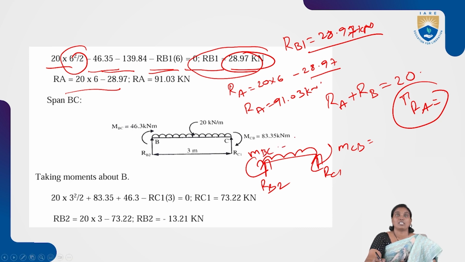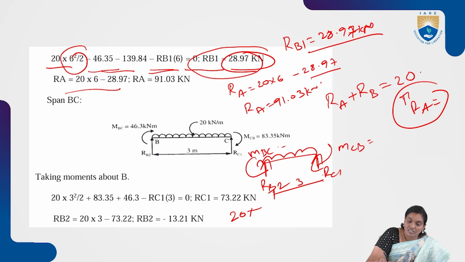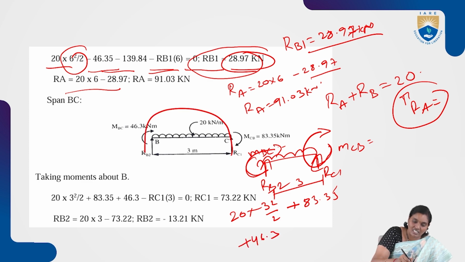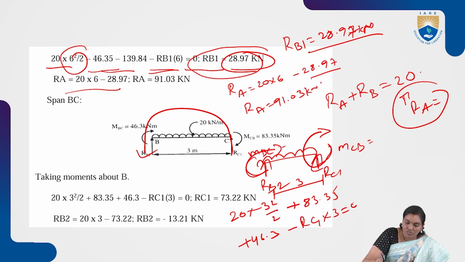Now taking moments about B. 20 into 3 square by 2, clockwise is positive, plus 83.35, also clockwise, plus 46.3, minus RC1 into 3, anti-clockwise, is equal to 0. We get RC1 is equal to 7, the value of the reaction at C.